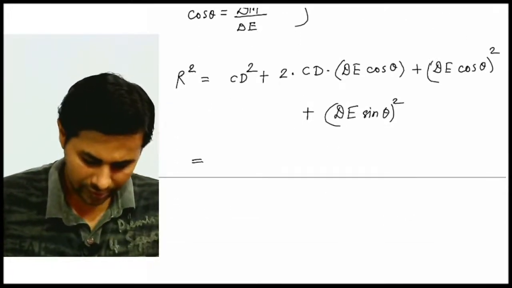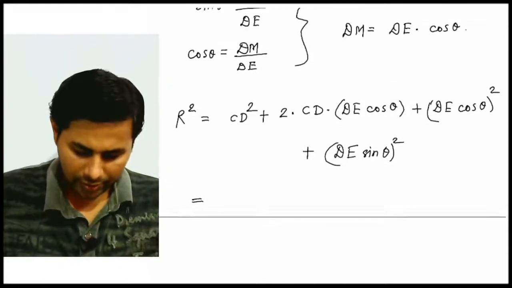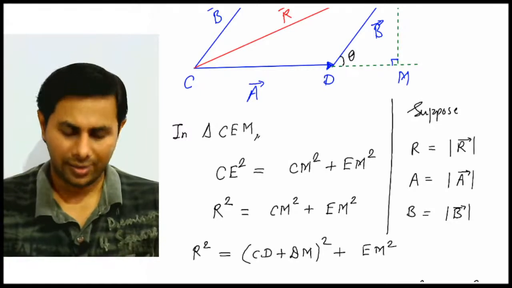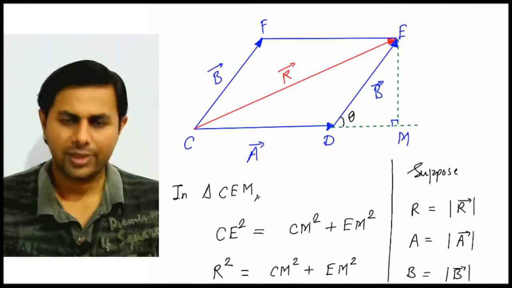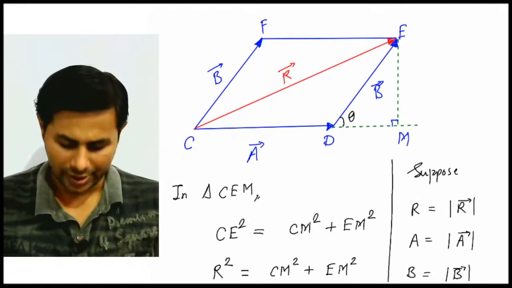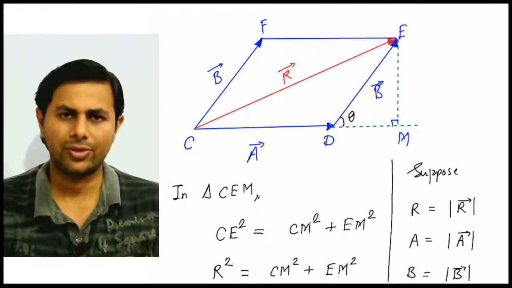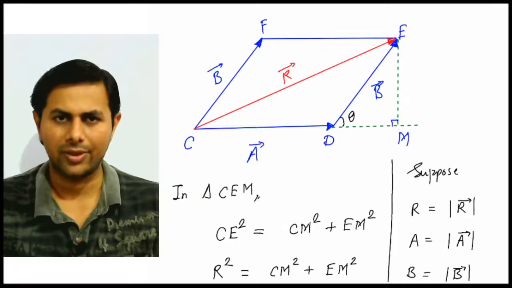So what is CD? CD is magnitude of vector A, DE is magnitude of vector B. So let's write CD and DE in terms of magnitudes of vectors A bar and B bar, that's A and B.